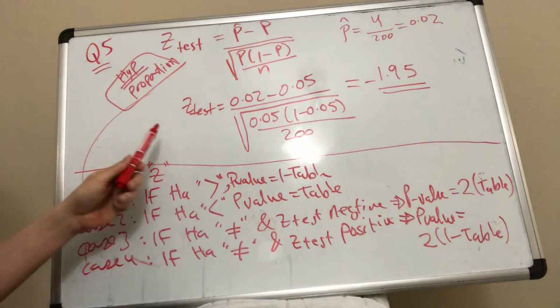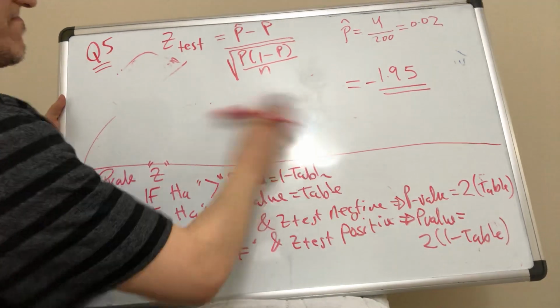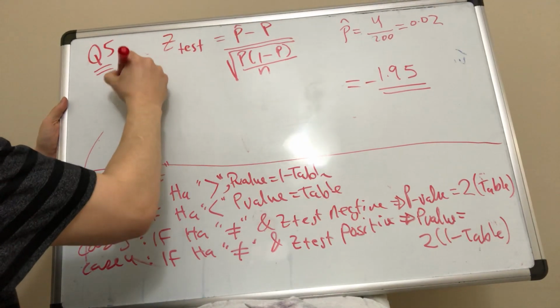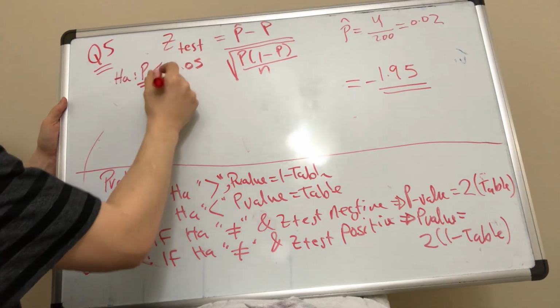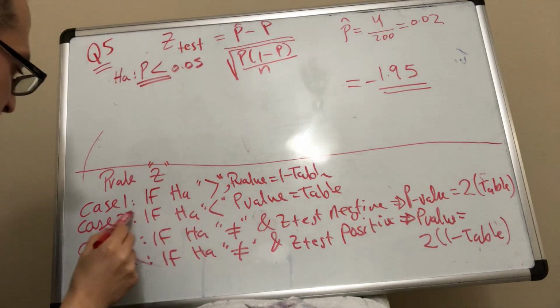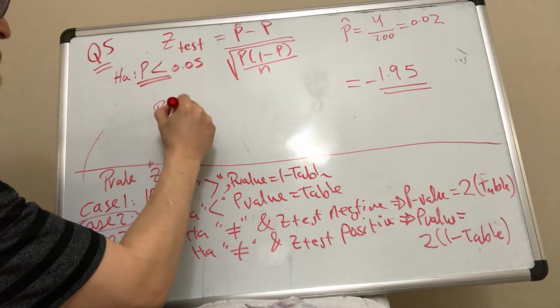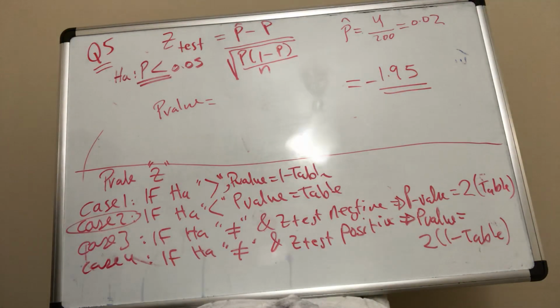So I'm going to go to this. Remember, HA was P less than 0.05. So we have P less, that's case number 2. So your p-value is just the table. You go to your z table and see what minus 1.95 is from the table.